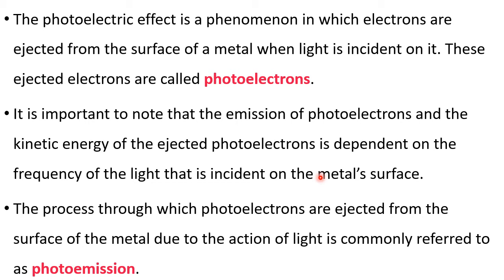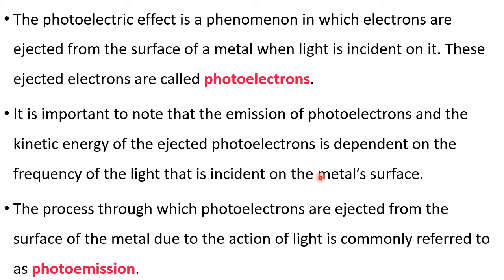Therefore, we have to use a light whose frequency is more, because frequency is related to energy. Max Planck gave one famous equation, E equal to h nu, or energy is directly proportional to the frequency. More the frequency, more is the energy. Less the frequency, less is the energy.